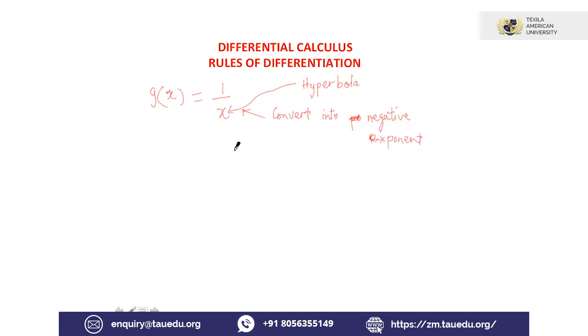So what am I saying? The power of x here is 1. You can see that. So we are going to make this power to be -1.